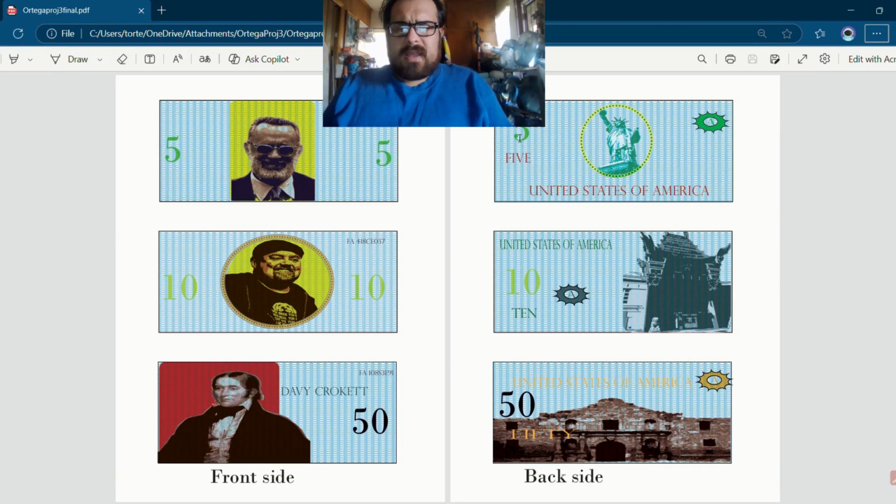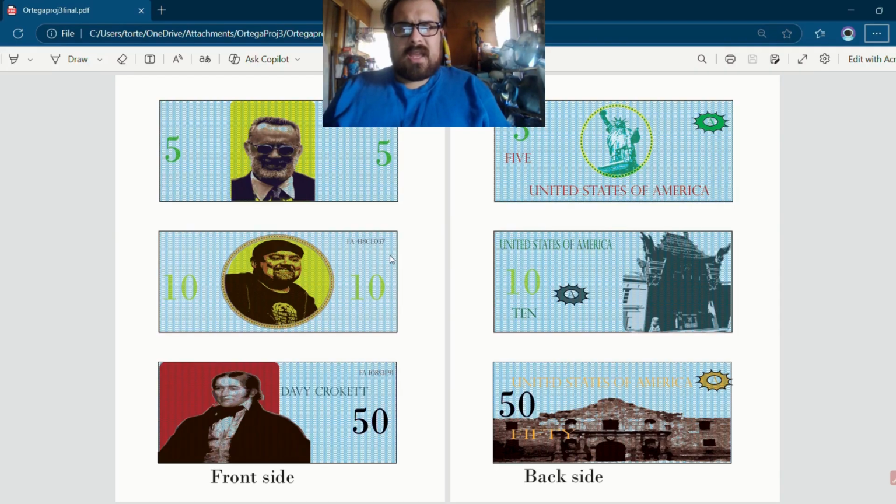So back to the whole thing. For the colors of the Bodoni, starting with the five, I did a green. For the 10, I did a yellow. And for the 50, it's in black.